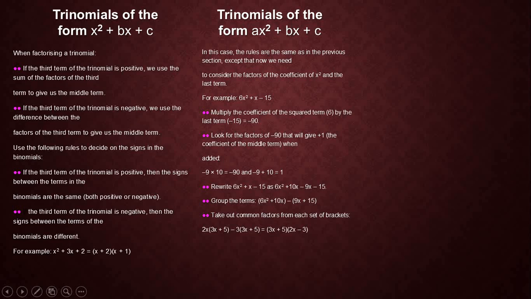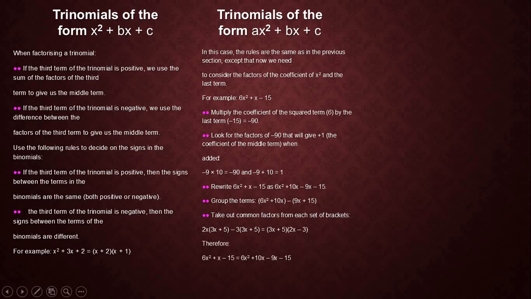Those are the things that are common in that kind of expression. So you're just going to write only one bracket of 3x plus 5, and you're going to be left with 2x minus 3 as the other bracket. This is how you factorize that kind of trinomial.